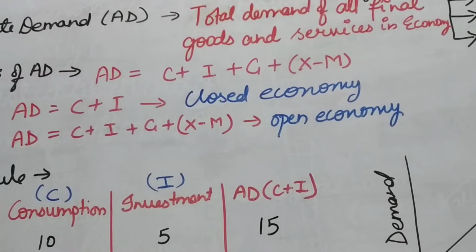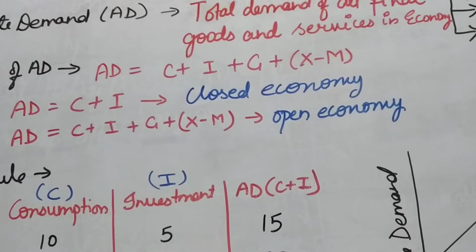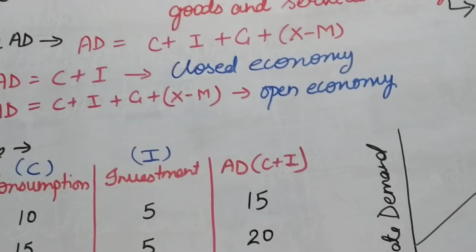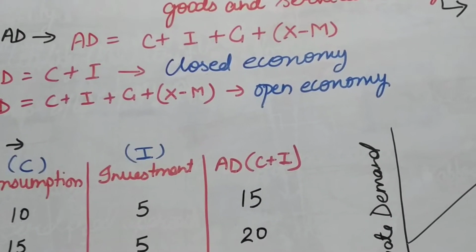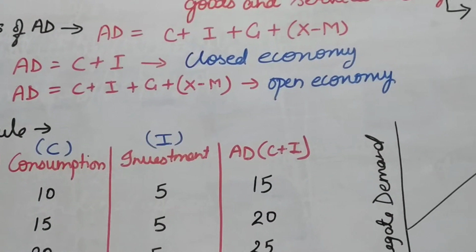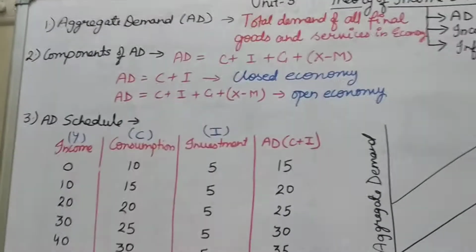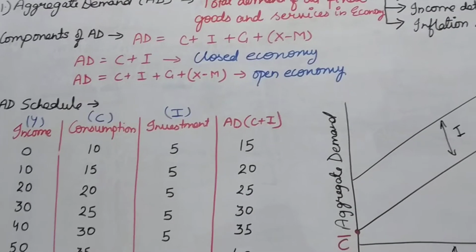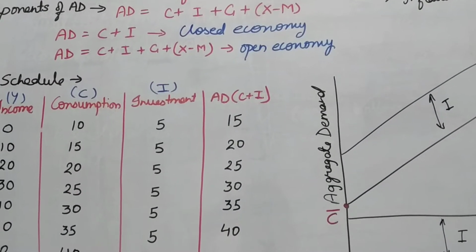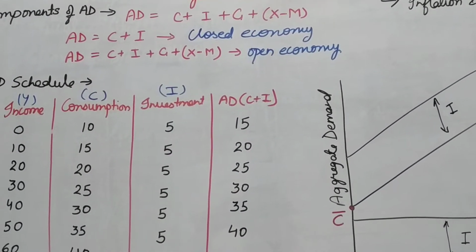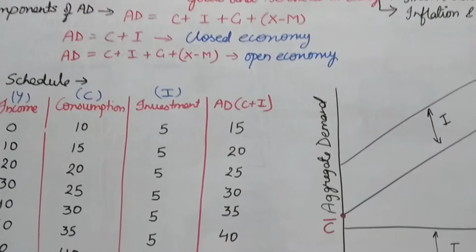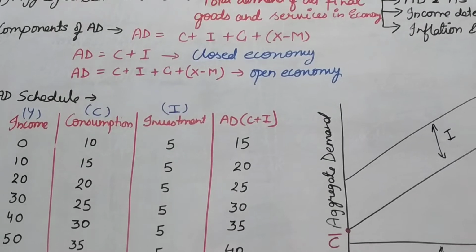C is your private consumption, that means the value of goods and services that households are able and willing to buy. After that, I means private investment, which refers to the expenditure on the creation of new capital assets like machineries, buildings, raw materials, etc. G means the government expenditure.